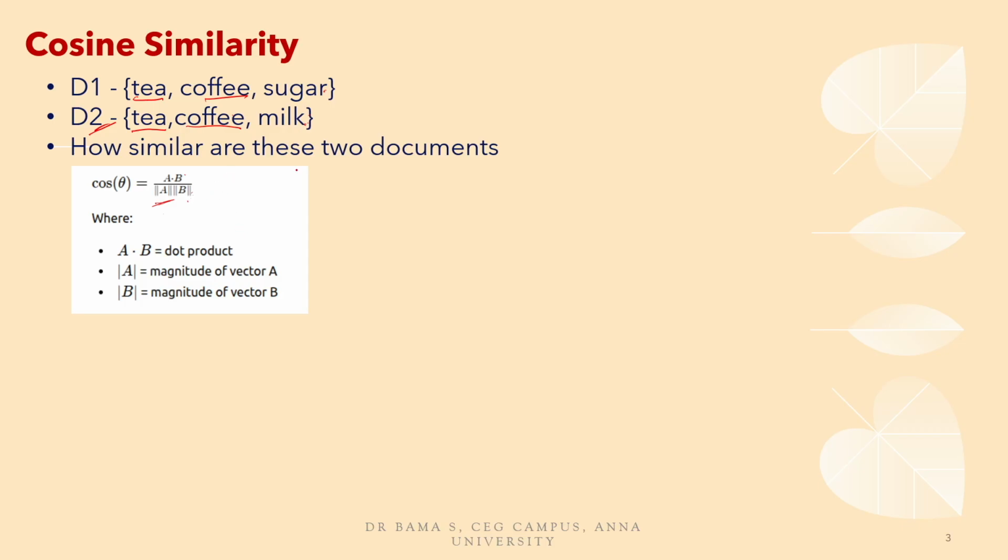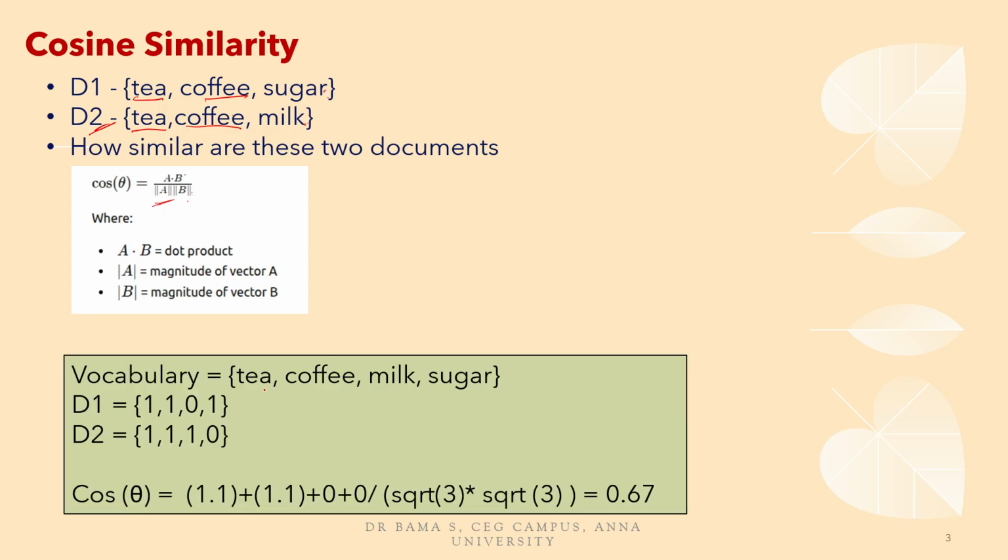So let's take an example, and for finding it out, we can take the one-hot encoding, which I did in the last class. Here the vocabulary consists of unique words from D1 and D2, that is tea, coffee, sugar and milk, 4 words. How do we get 1101 for D1? Because wherever a word from D1 is present, we give a value of 1. Tea is present, so 1, and coffee is present in D1, so 1.